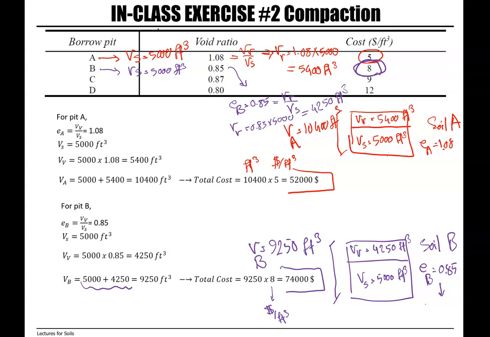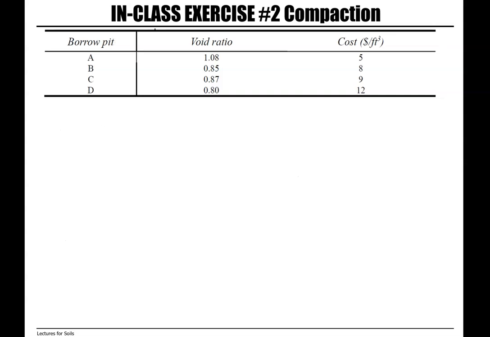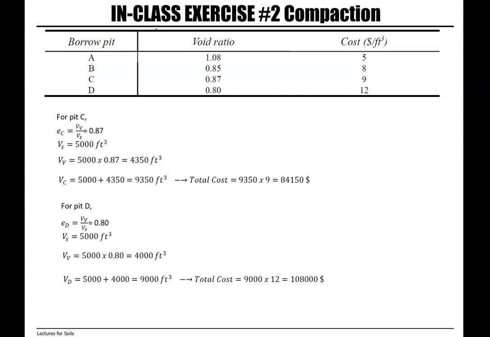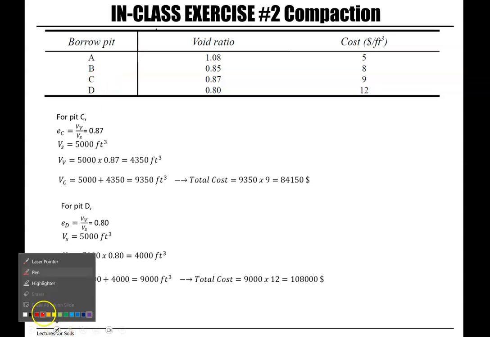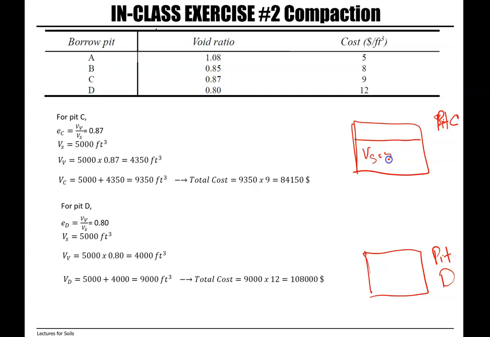You need to repeat this for pit C and D. Again, for both of these, volume of solids is still 5,000 cubic feet.